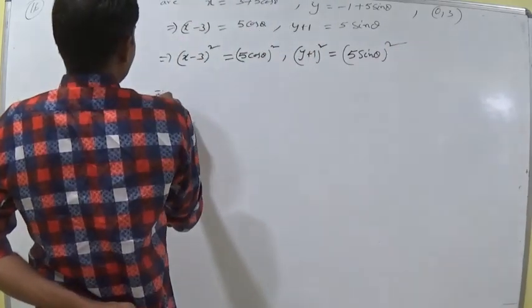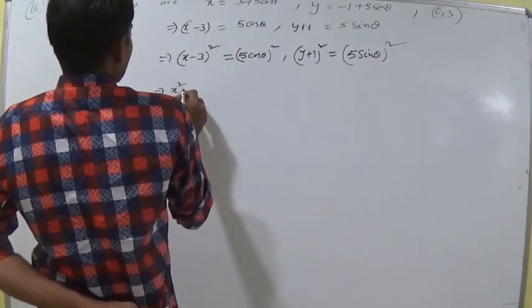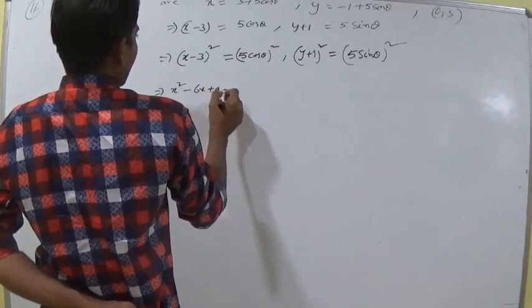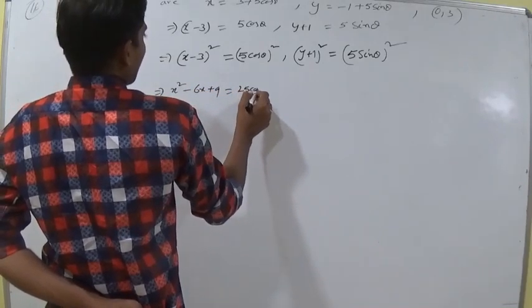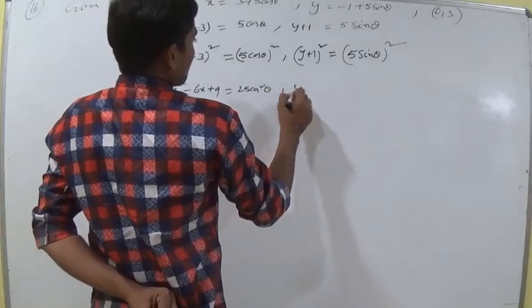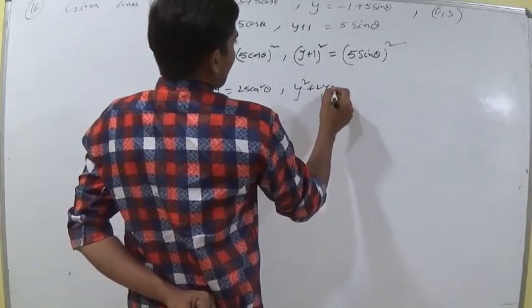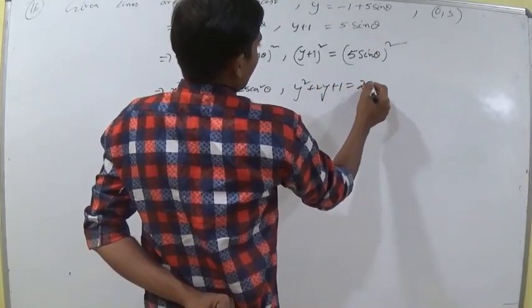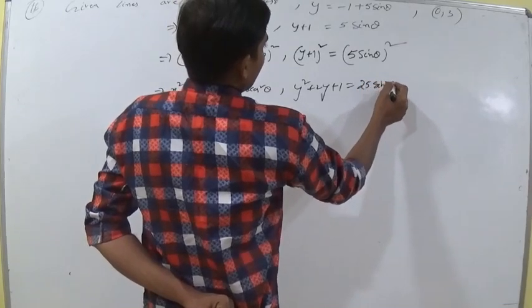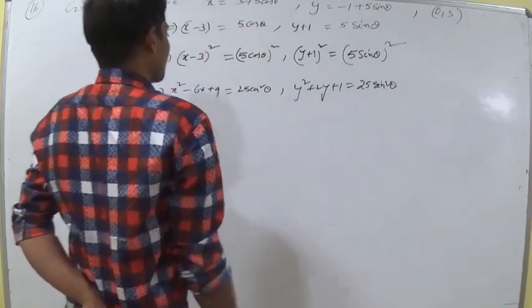So x square minus 6x plus 9 equal to 25 cos square theta, y square plus 2y plus 1 equal to 25 sin square theta.